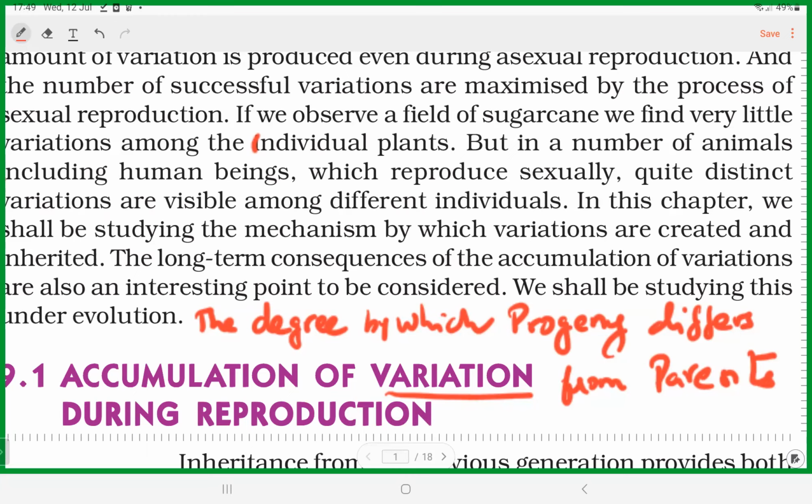But for example, I develop one new character. A known example: I get HIV AIDS, a sexually transmitted disease. The viral genome is integrated into my sperm cell. Now my son or daughter will be born. Will they have AIDS?